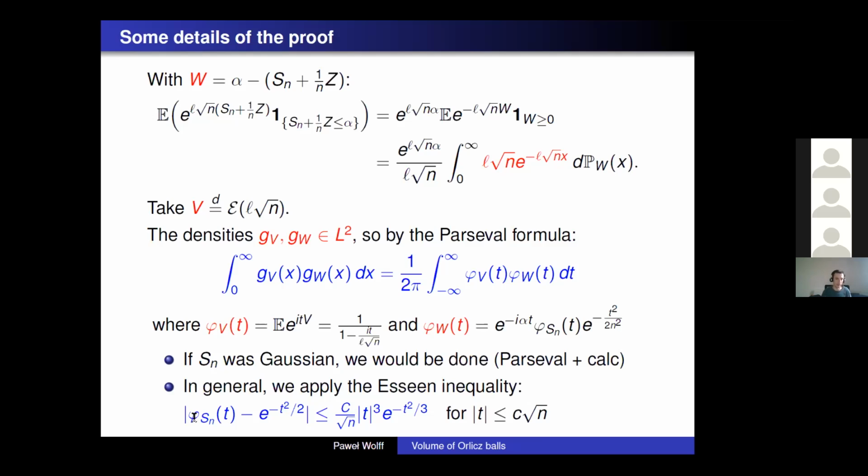This is the Riemann-Lebesgue theorem: at infinity, far from 0, the characteristic function tends to 0 if the distribution has a nice smooth density.